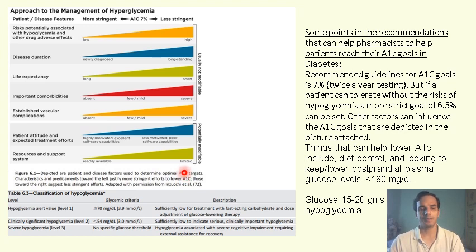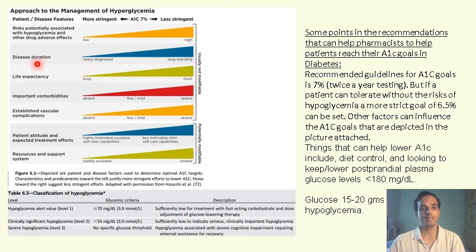On the left-hand side are A1C goals based on the guidelines. They suggest a recommended A1C of 7 with twice-a-year testing for the A1C. Depending on the comorbid condition and the person's age, A1C levels can be less stringent or more stringent.